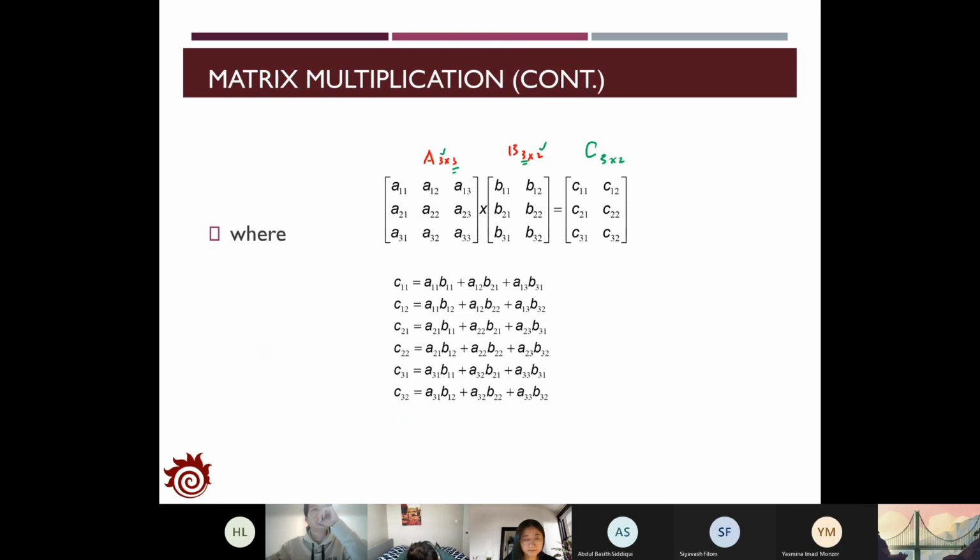And now we need to think about how to get the value of each element in the matrix C. For C11, the calculation would be straightforward.